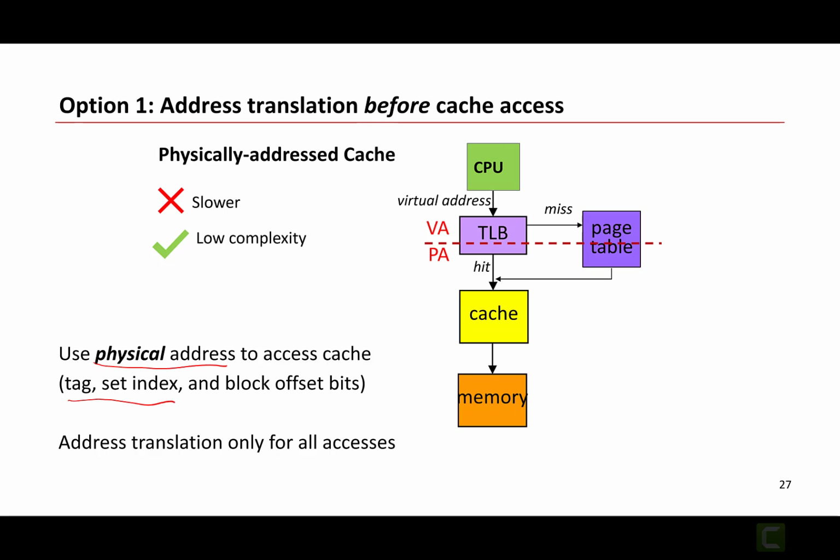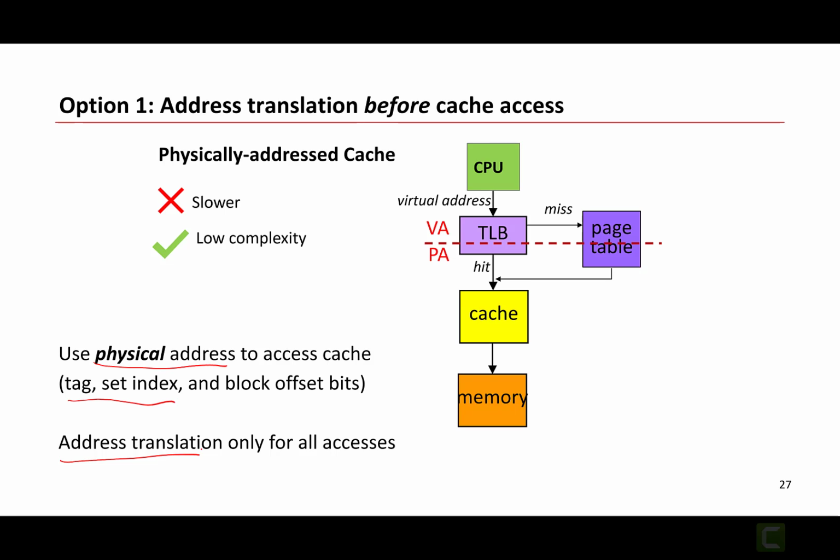So the set index would be derived from the physical address, the tag would be derived from the physical address, and so the next time when you want to look up the same cache block, you would be able to find them in the right spot. Okay, so now the implication of this design is that for every address that needs to be accessed, I need to do the address translation, right? Because I cannot access a cache without the physical address. So first I got to do the address translation.